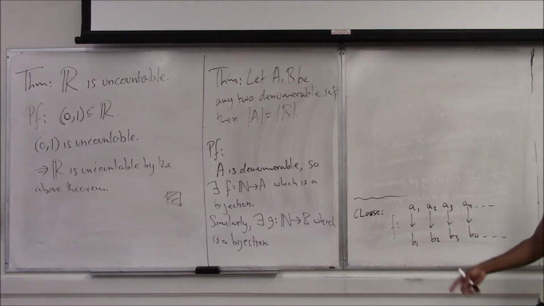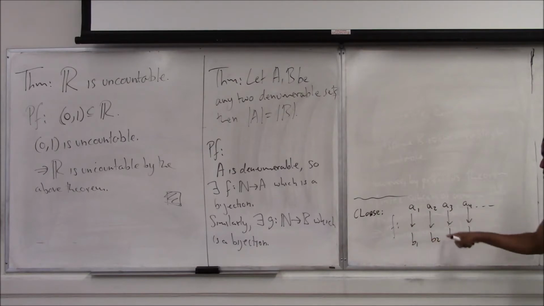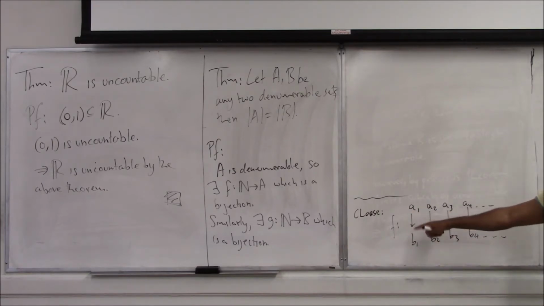Yeah, so you could say, assume A is denumerable. This means we can list all its elements and write A as the set A1, A2, A3, and so on. Similarly, we can write B as the set B1, B2, B3. Then clearly the function f described by this mapping would be a bijection.